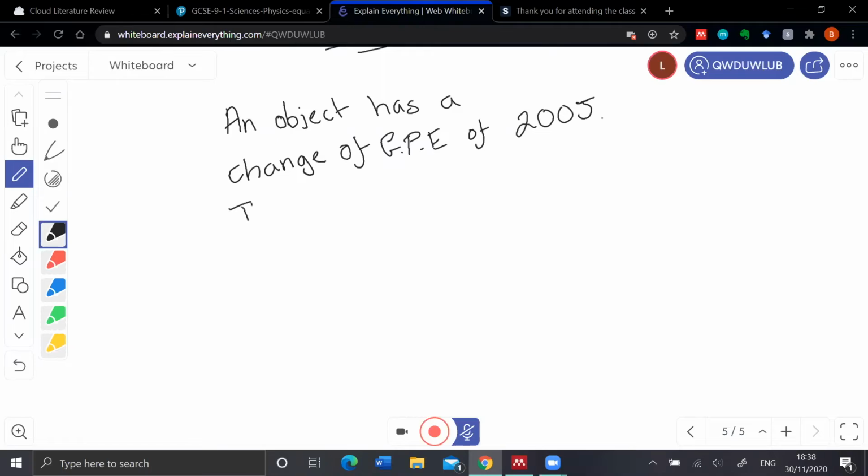The object was lifted 5 meters. What is its mass?